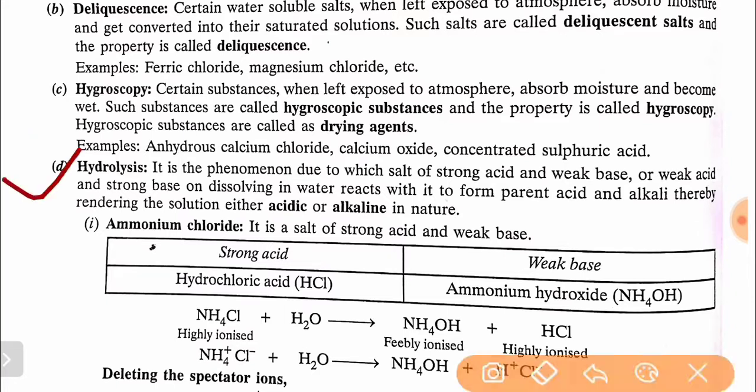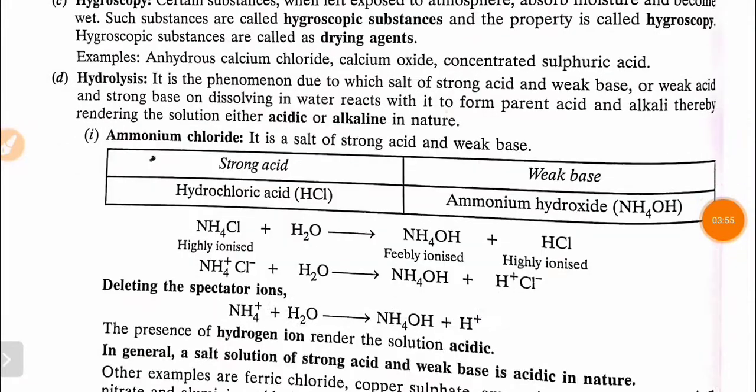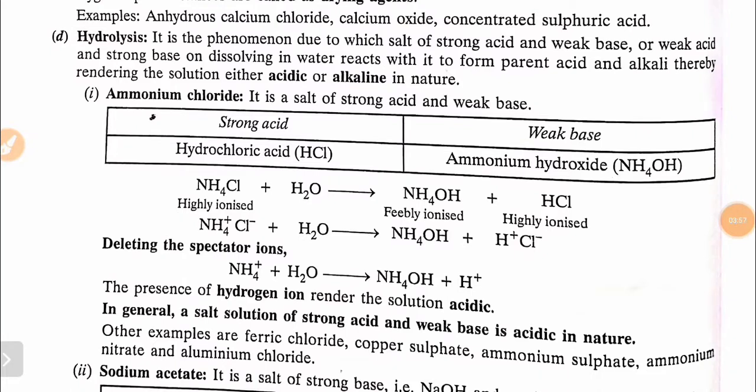Next property is hydrolysis. It is a phenomenon due to which a salt of a strong acid and weak base, or weak acid and strong base, on dissolving in water reacts with it to form the parent acid and alkali, thereby rendering the solution either acidic or alkaline in nature. For example, ammonium chloride NH4Cl is a salt of a strong acid and a weak base.